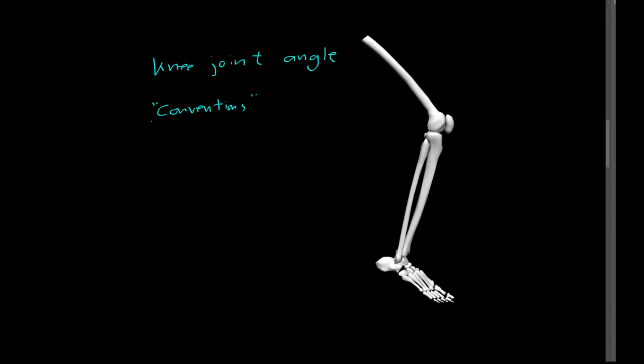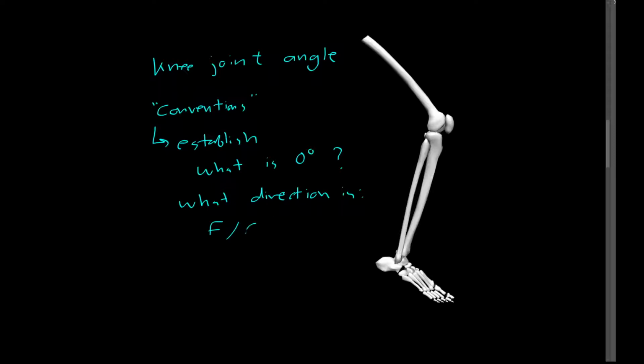What I want to emphasize is that it is important to establish what your joint angle convention is. And a usual way to do that is to describe what is 0 degrees, and what direction, meaning positive or negative. In this case, we would be interested in flexion and extension, right? So perhaps we define 0 as a totally straight leg.